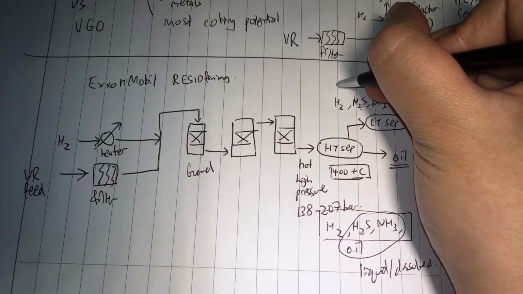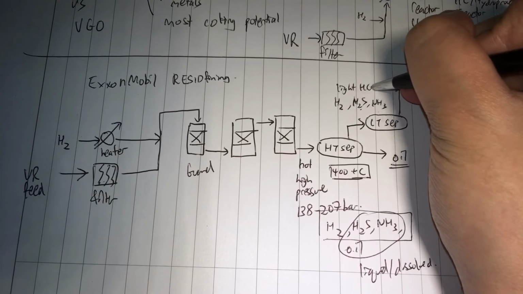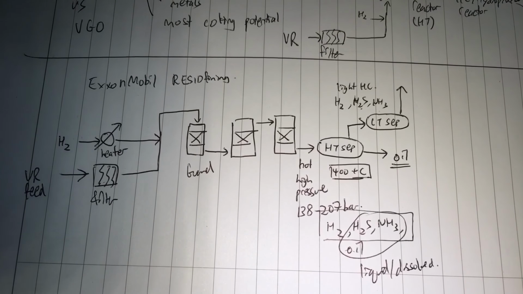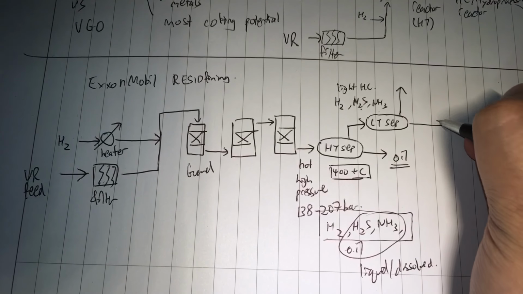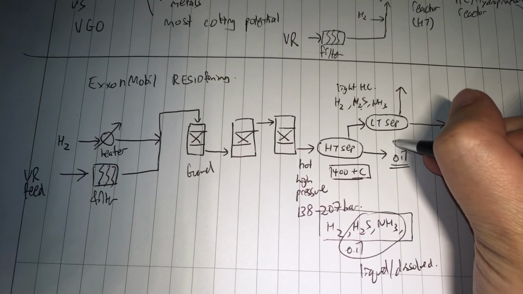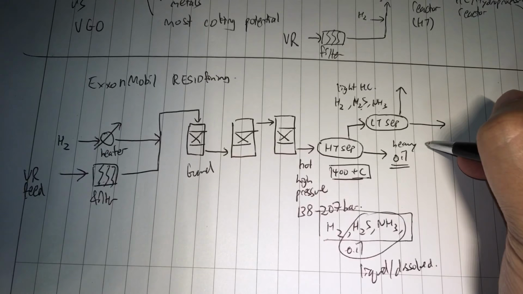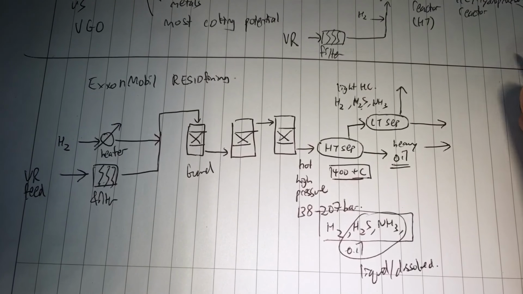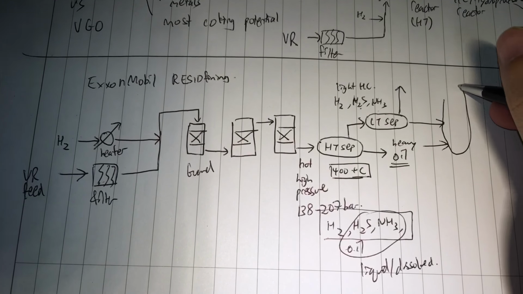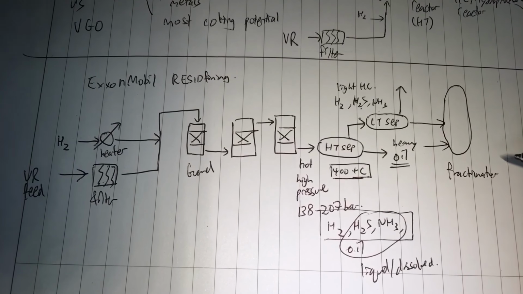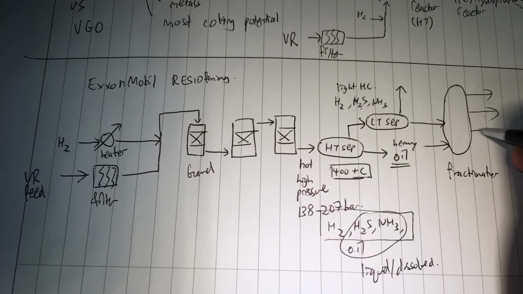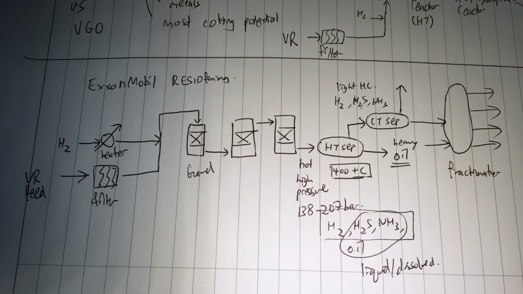I forgot to mention there'll be some of the light hydrocarbons over here. So these light hydrocarbons can combine with the heavy oil, and you can send it to a fractionator.